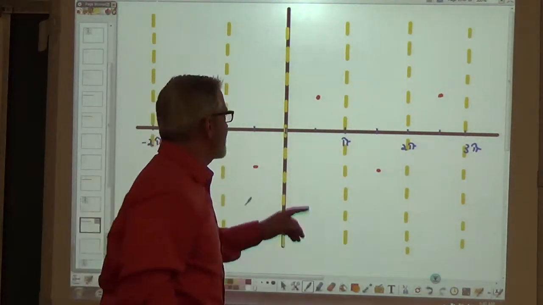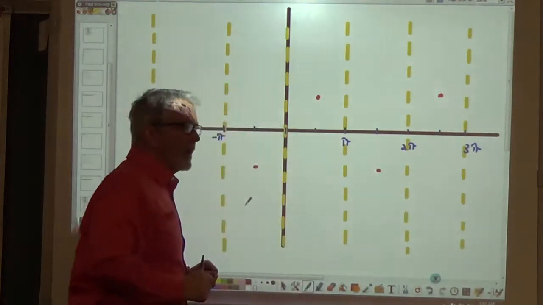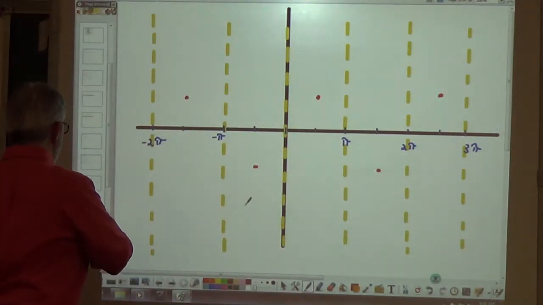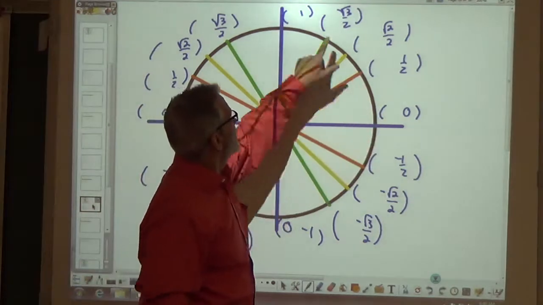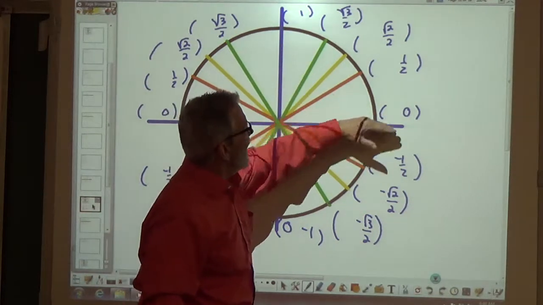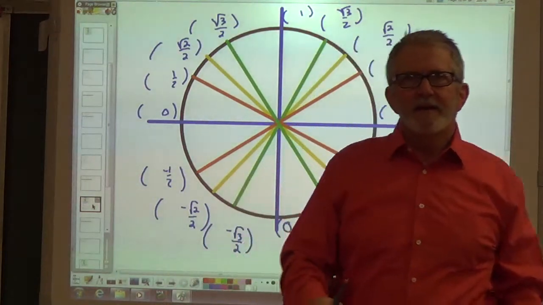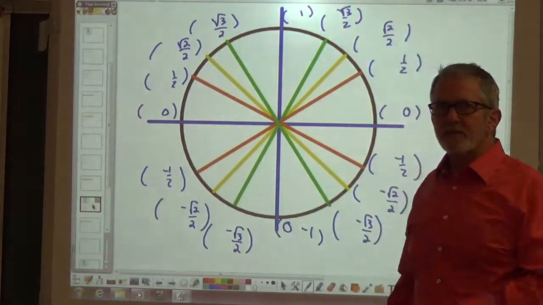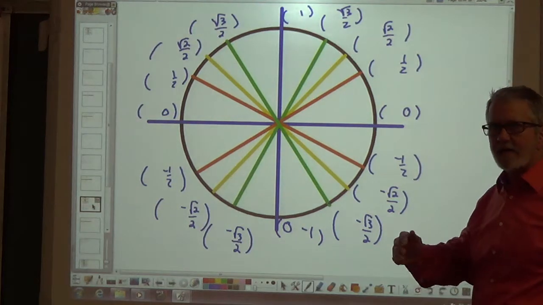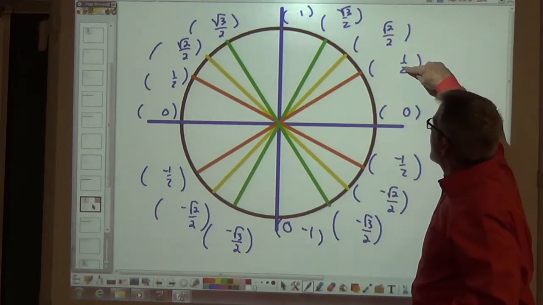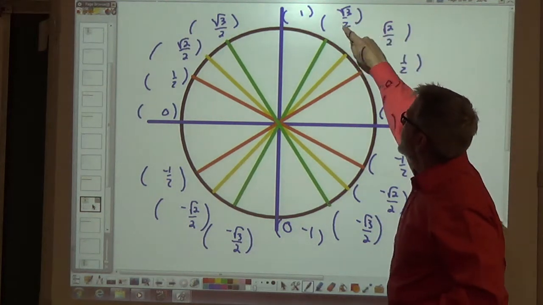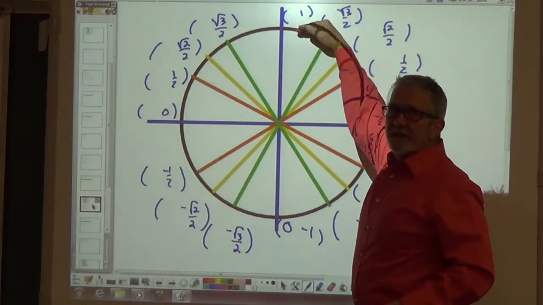So let's look at the sine between 0 and pi over 2. If I look at the sine between 0 and pi over 2, what happens to the y values? Back to this very first discussion. Between 0 and pi over 2, the y values, the sine values, are doing what? 1 half, square root of 2 over 2, square root of 3 over 2, 1. They are increasing, correct?